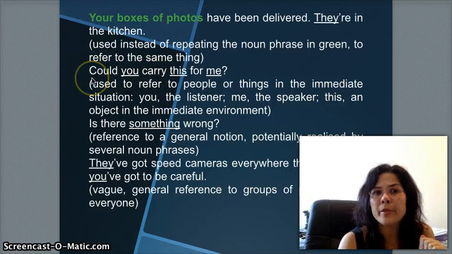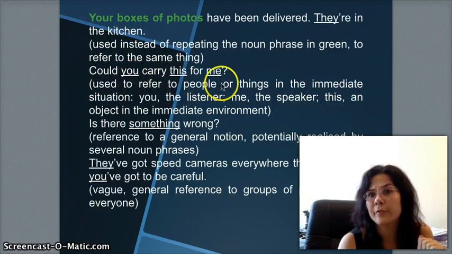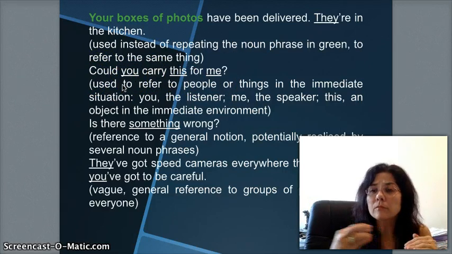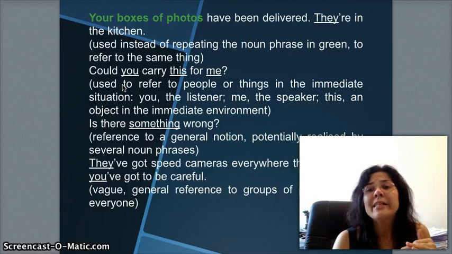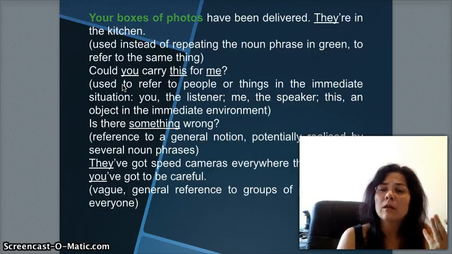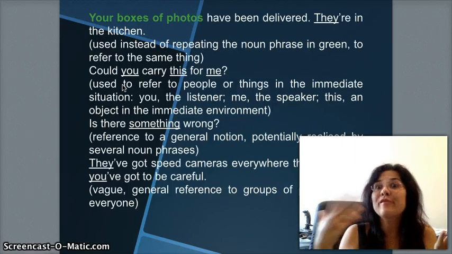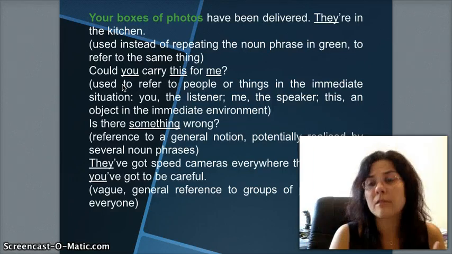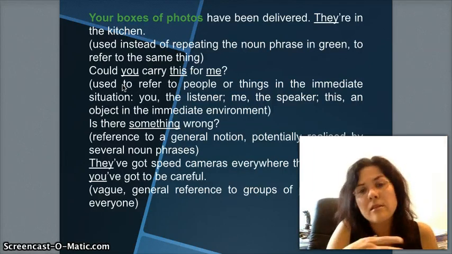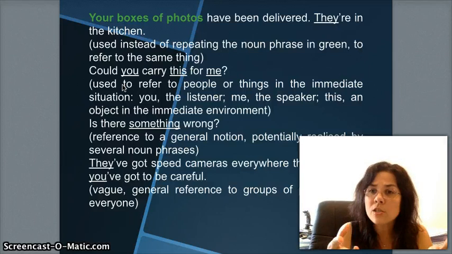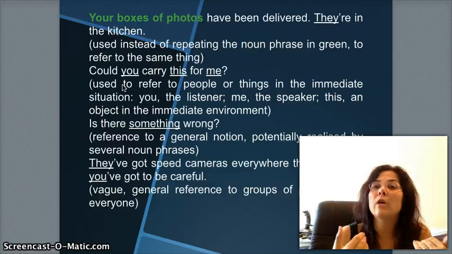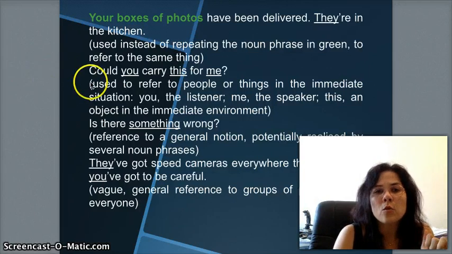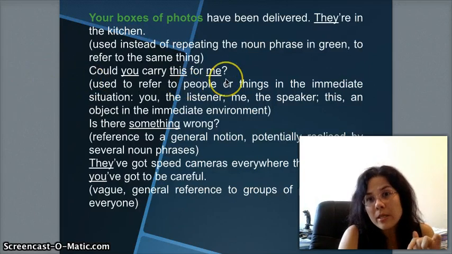Another example is, could you carry this for me? In this situation, we don't have a previous clause to refer to. Yes, it's the immediate context, the situation, that's going to give us the reference. So, could you carry this for me?